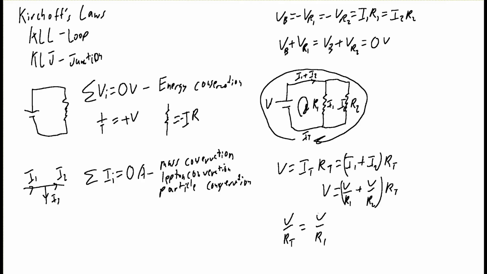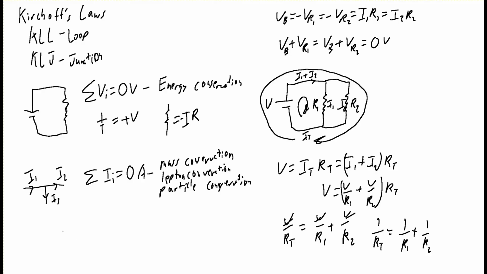V over RT is equal to V over R1 plus V over R2. Those V's can all cancel out. They don't mean anything anymore. So we end up with 1 over R total is equal to 1 over R1 plus 1 over R2. So that's what it is for two parallel resistors.